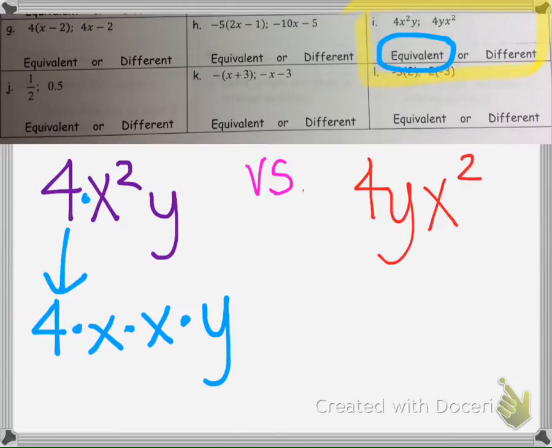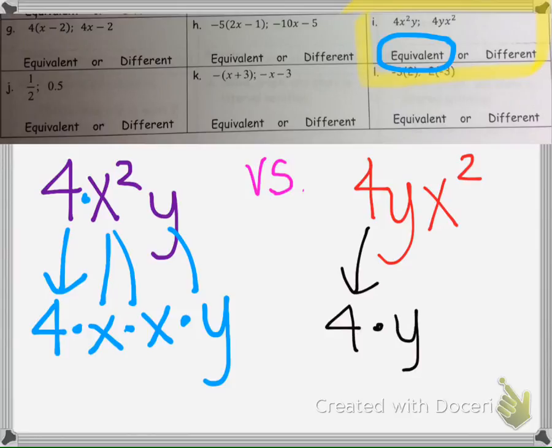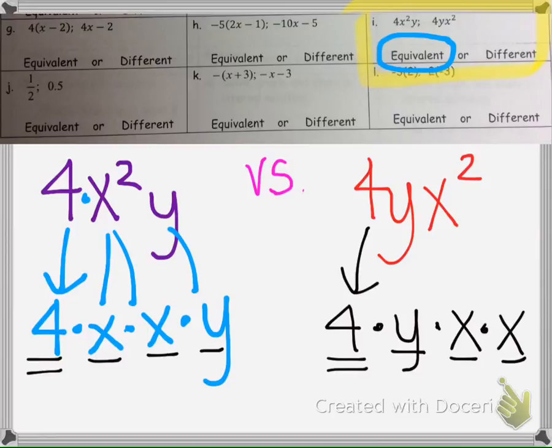So this is what this expression here looks like. Whereas over here, this one is 4 next to a y, that means times, and then x squared looks like this. So these two here are the exact same. This is saying that 2 x's are being multiplied, same thing here. Then we have a y here, we have a y here, we have the 4's here. So they are the same.